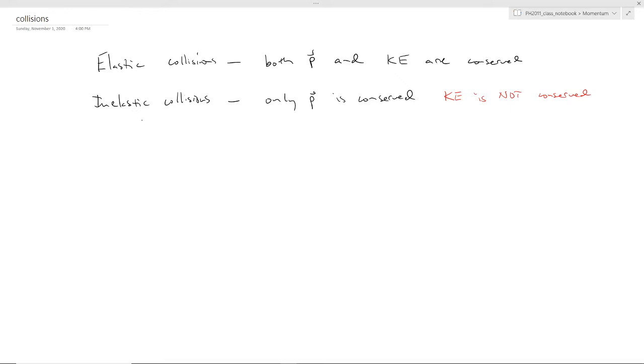And I should mention there's one special case of inelastic collisions that we'll work with, and that is something called completely inelastic. And this is the situation where your objects stick together.